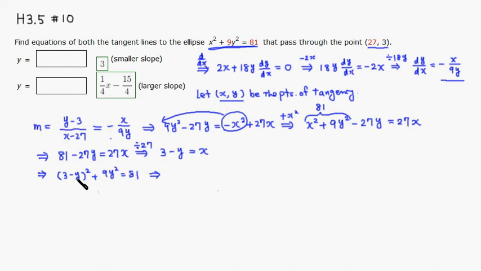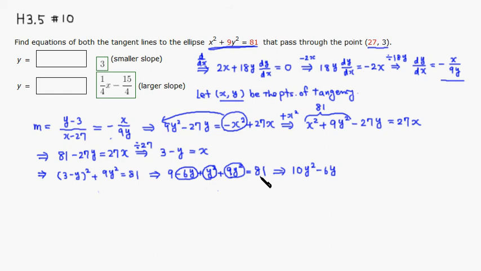It's a little tedious. 3 squared would be 9, minus 6y plus y squared, plus 9y squared is equal to 81. Let's put y squared and 9y squared together. We get 10y squared, then you have minus 6y.